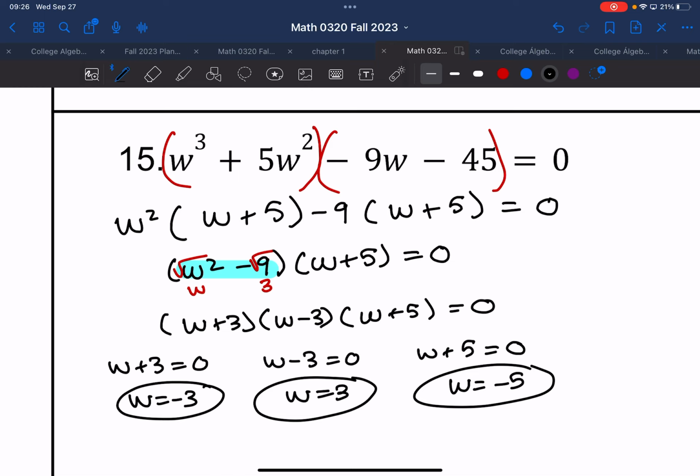And just like we did on number 1, if you, for whatever reason, want to check your work, you could plug in each of these w's in separately, and you should always get the answer of 0.